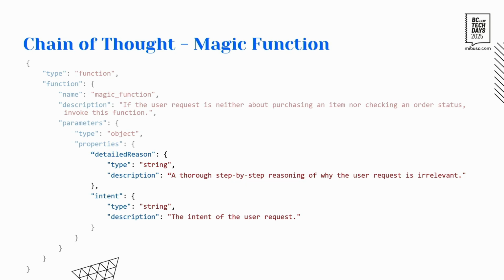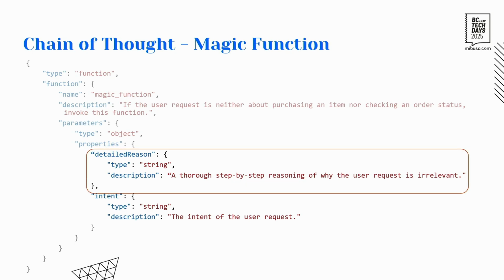This is not the best example, I will yield to that. But take, for example, here, where I have something called detailed reason. I wanted it to give me a thorough step-by-step reasoning of why this user request is, for example, irrelevant. Why should this magic function be run and not the other function?